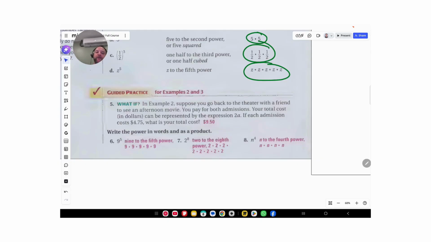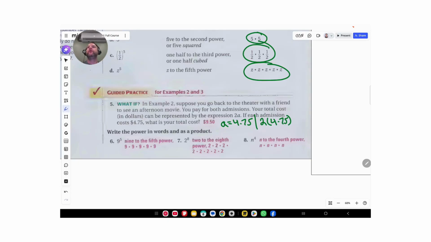All right, so we have A is $4.75. And so we're looking at 2 times A. That's our formula. Now let's substitute 4.75 for A. 4.75 times 2.